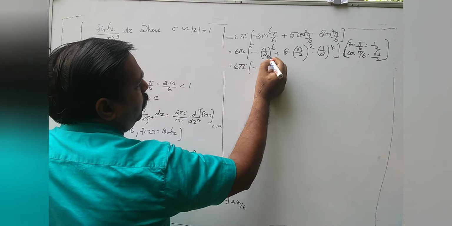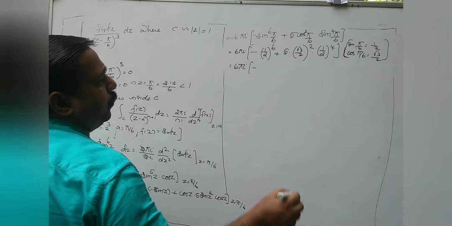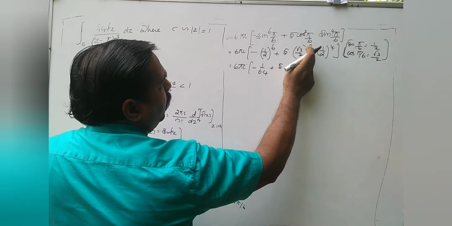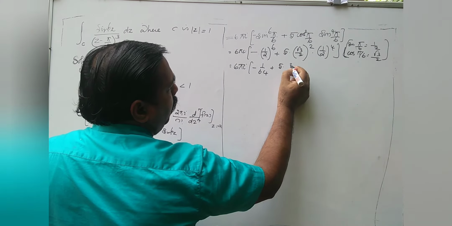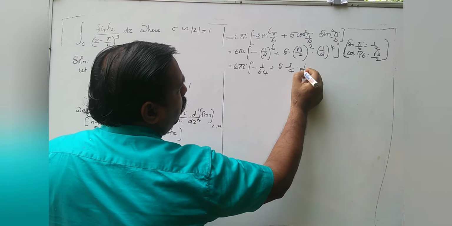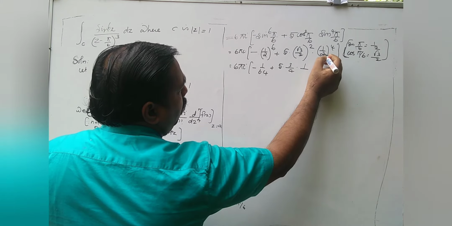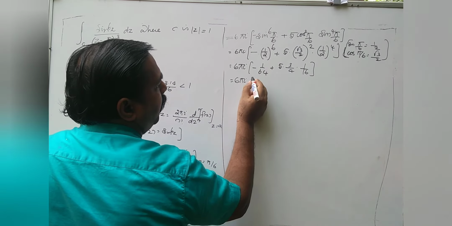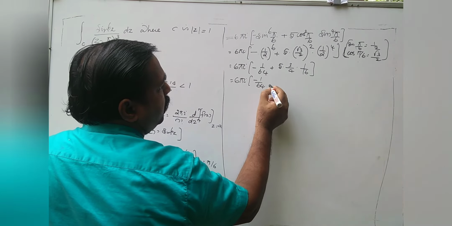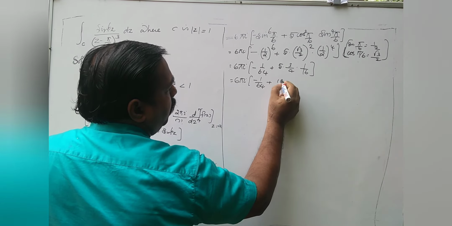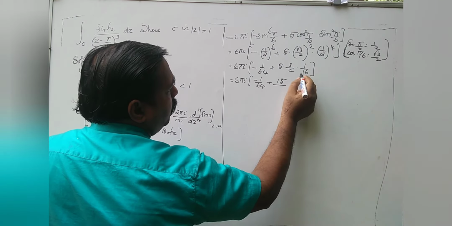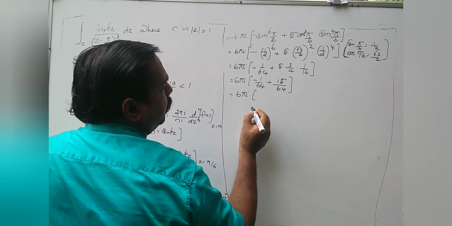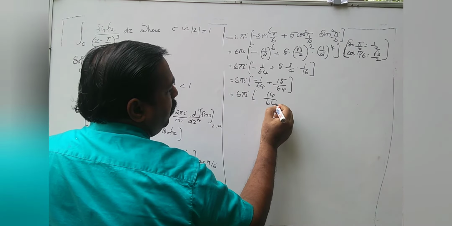This is 2 raised to 2, that is 4. 4 into 4 into 4, that is 1 by 64, plus here 5 into root 3, root square cancel, that is 3 by 4 into, this is what? 2 square, that is 16. So that is equal to 6 pi i minus 1 by 64 plus 15 by 16 into 4, 64. So that is equal to 6 pi i into 14 by 64.